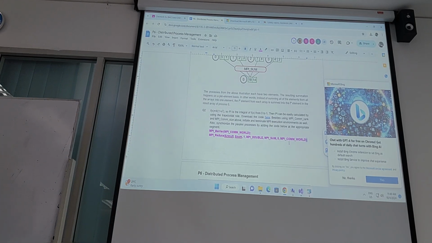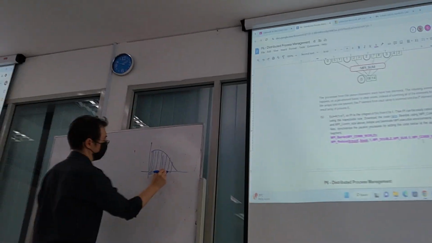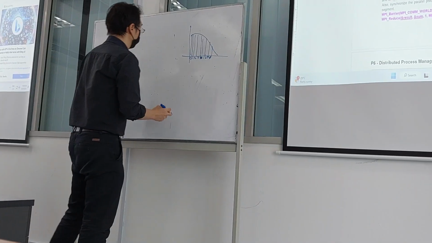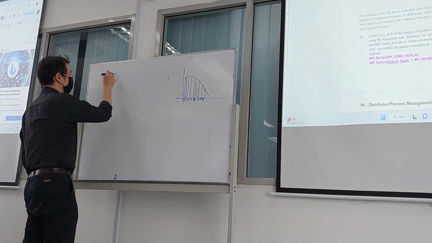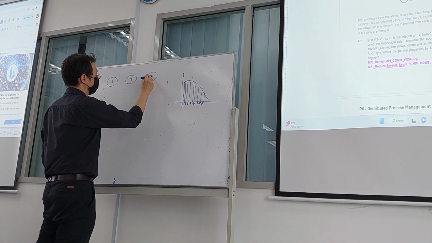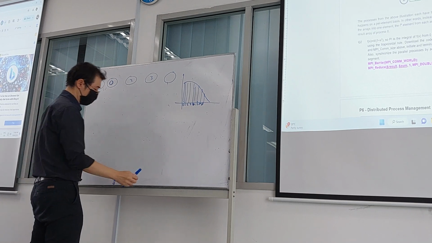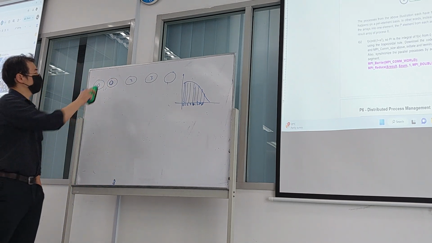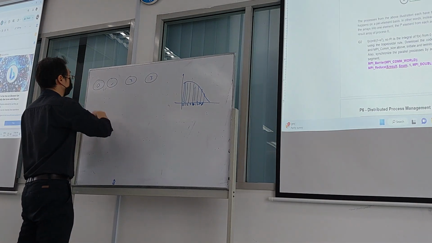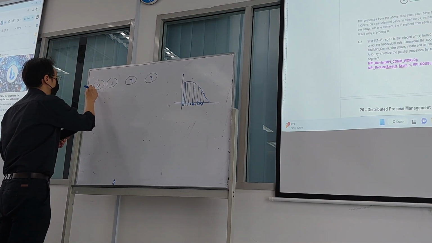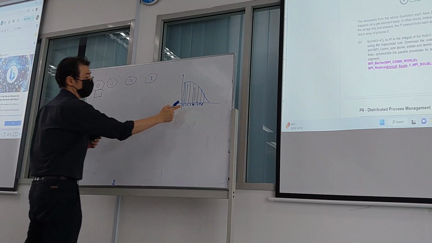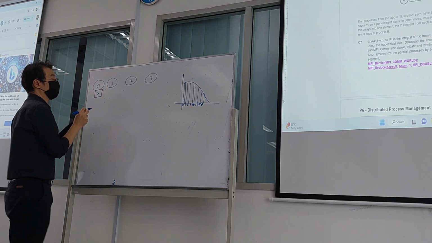Okay, so in our case here, we know that everybody is going to calculate the strips, right? So you got process 0, process 1, process 2, process 3. So we start from process 0. So you got 4 processes, and each process is going to compute its own partial sum or partial result.